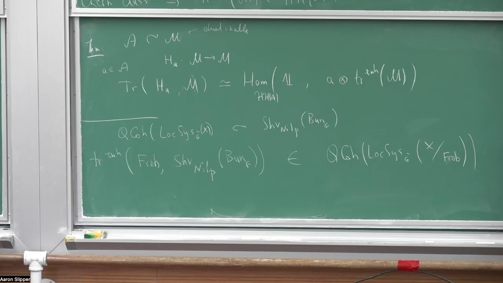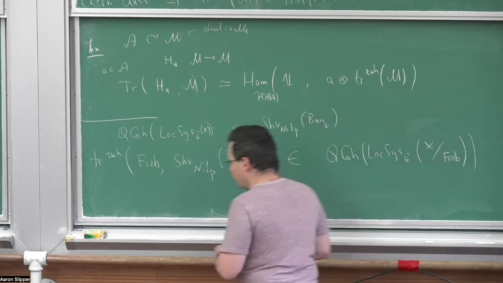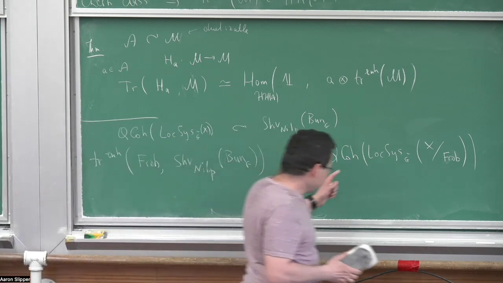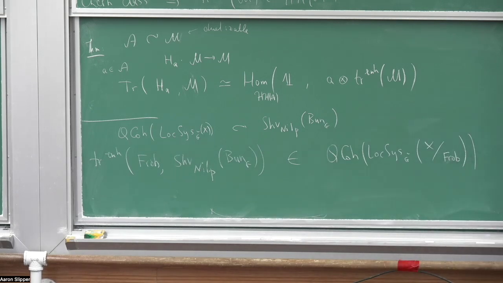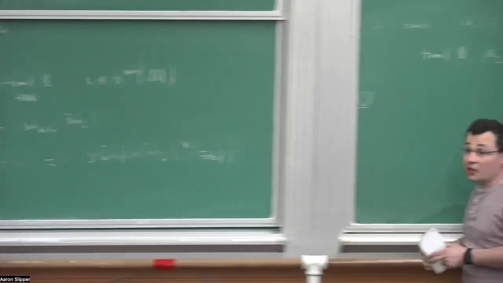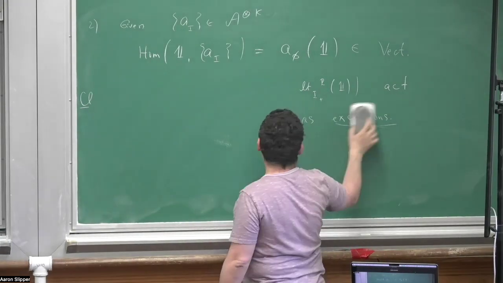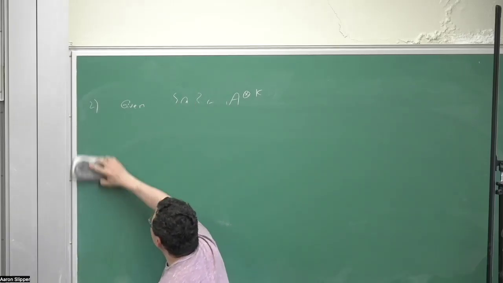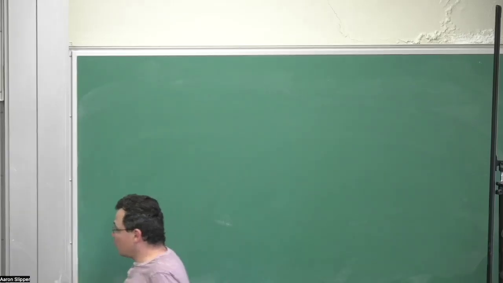This produces a quasi-coherent sheaf on this thing. And now, remember, almost done. So this is kind of remembering all of the traces of all the Hecke operators as well, not just the identity line. And now remember what we have.